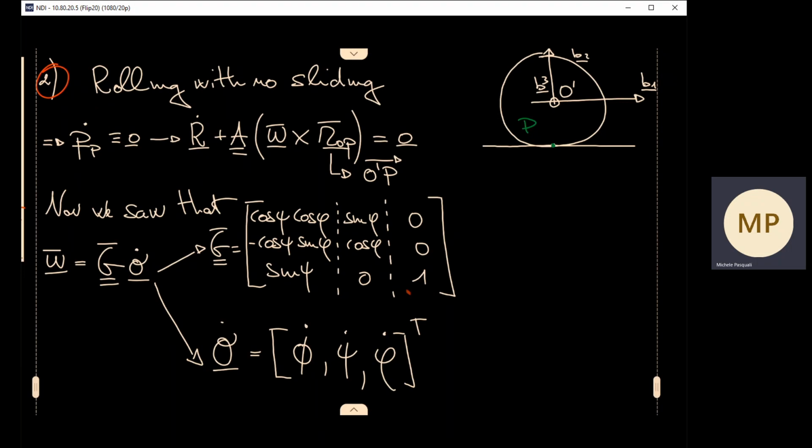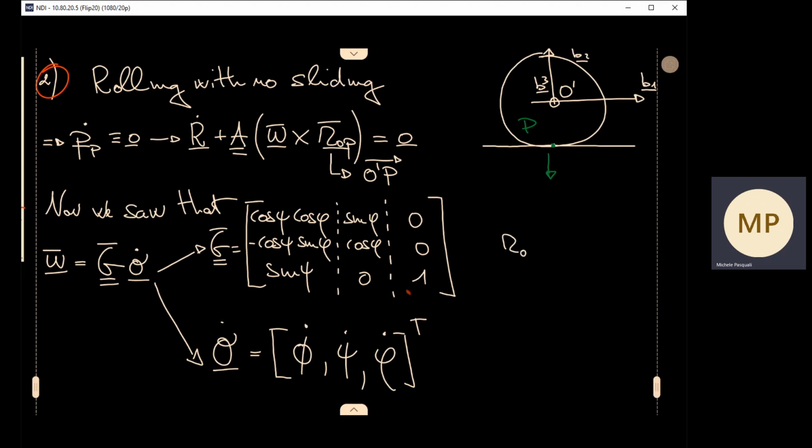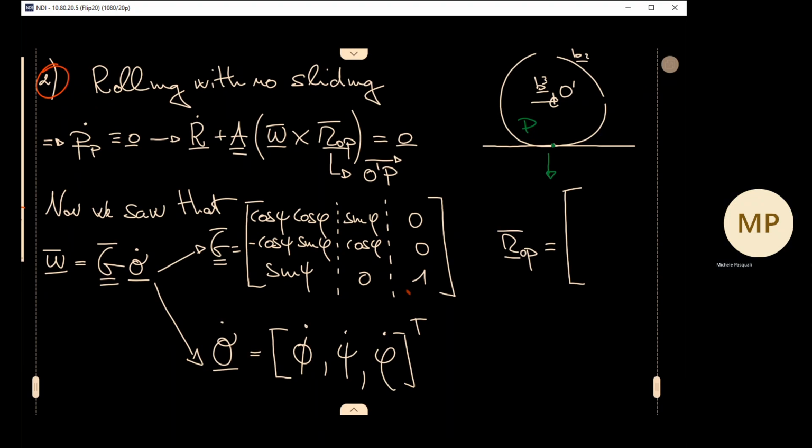So from here we can write that our vector R0P can be written as such. Allow me to make a small modification, because otherwise it's not as clear as it should be. So let's give a little bit of tilt.